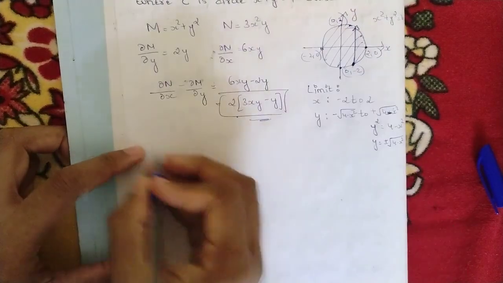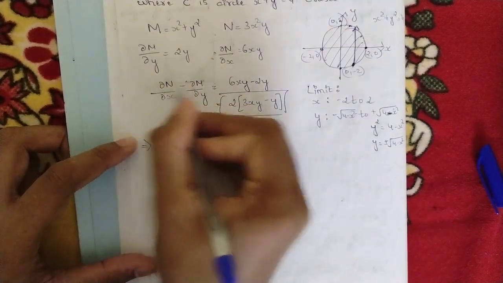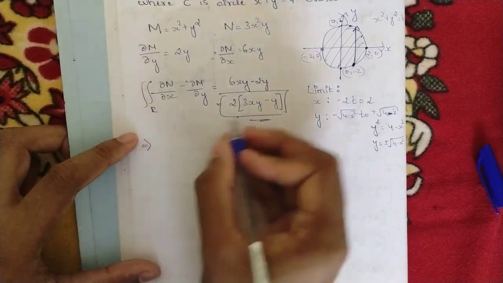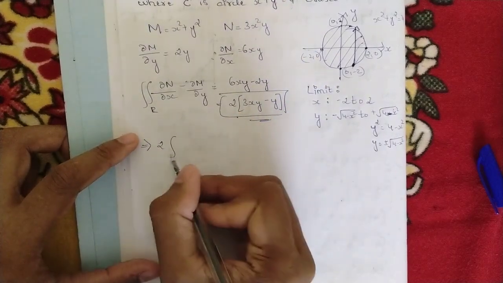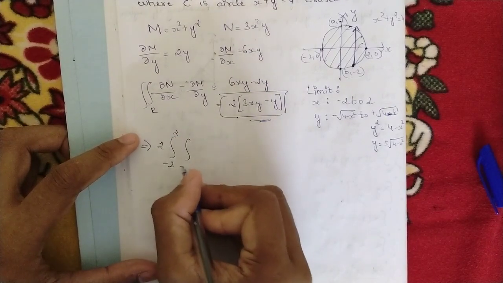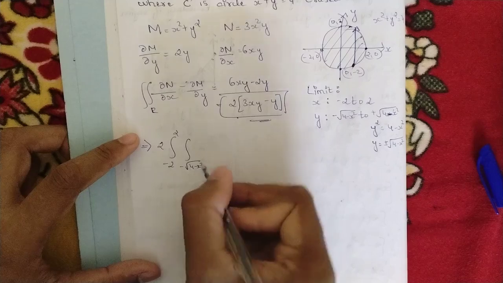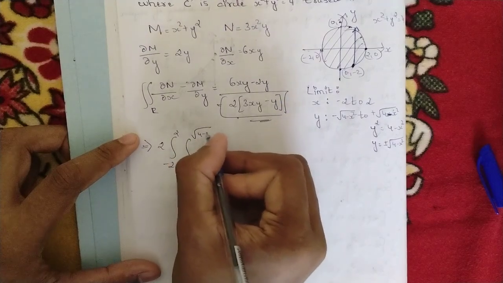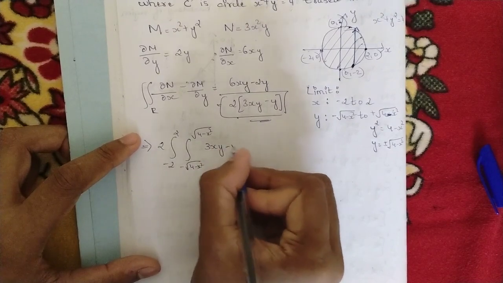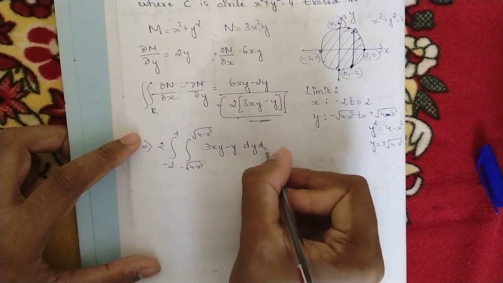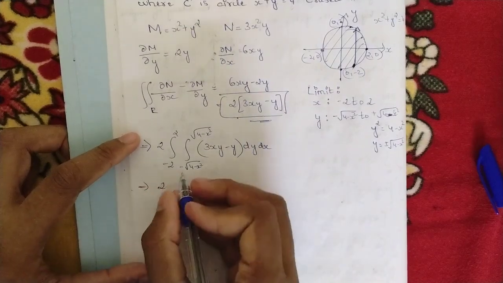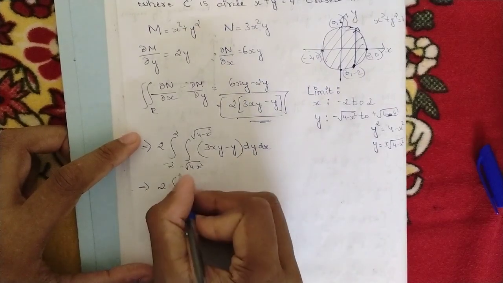Now solve using the integration of this part. If you integrate this, here you take 2 common outside. First I'll write the x limits outside, from minus 2 to 2. Then minus square root of 4 minus x square to square root of 4 minus x square, of 3xy minus y dy dx.